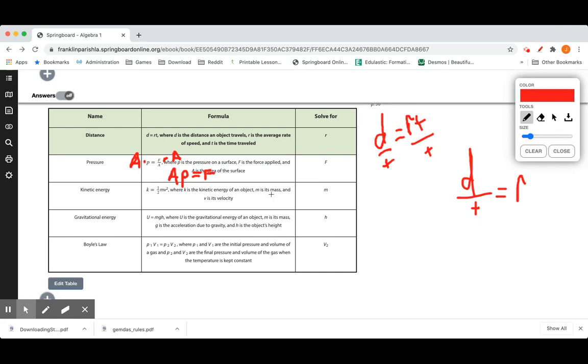So we want to solve for the mass, basically. So we're going to divide by v squared and multiply times 2 to get rid of this one. So it will be k times 2, or 2k, divided by v squared.